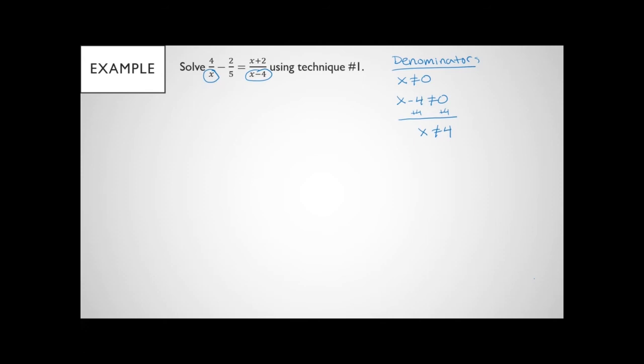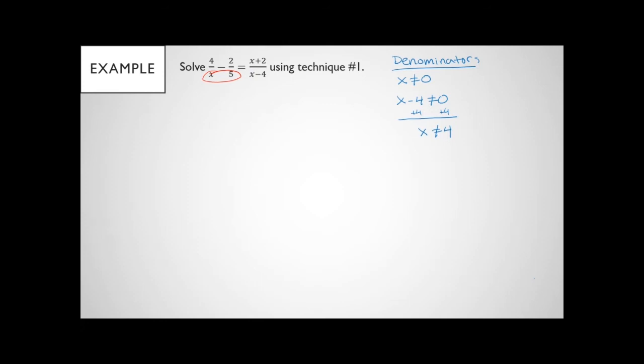So unlike the previous example where we had things with the same denominator, we don't have anything with a matching denominator here. But this one is easy enough to use technique 1 on, because getting a common denominator between x and 5 is pretty easy. You multiply the first fraction by 5 and the second one by x.